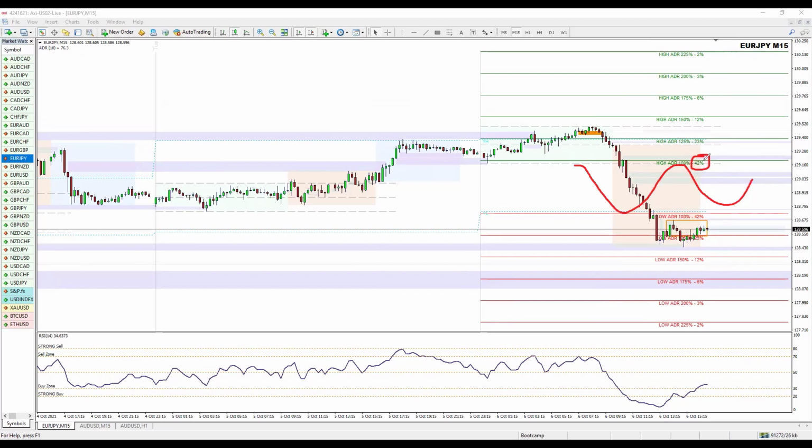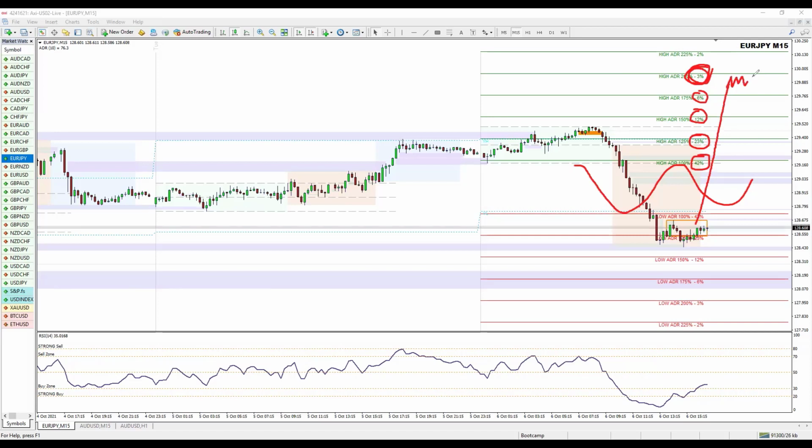Okay, when it broke out of that, it would not exceed this level by more than 23% of the time, and so on and so forth. So you can see that the more extended price gets, the less chance there is of it going any further.